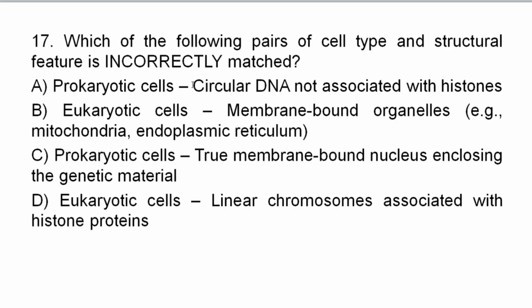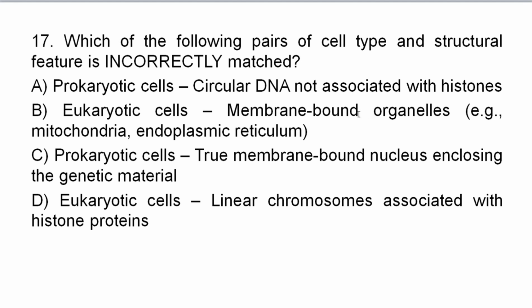Question number 17. Which of the following pairs of cell type and structural feature is incorrectly matched? Choice A, prokaryotic cells, circular DNA not associated with histones. B, eukaryotic cells, membrane-bound organelles such as mitochondria, endoplasmic reticulum.